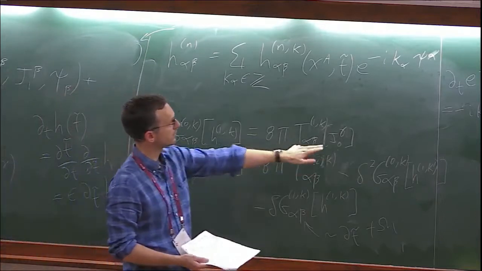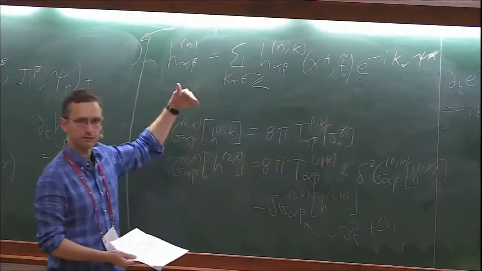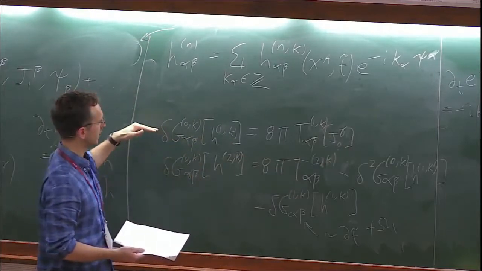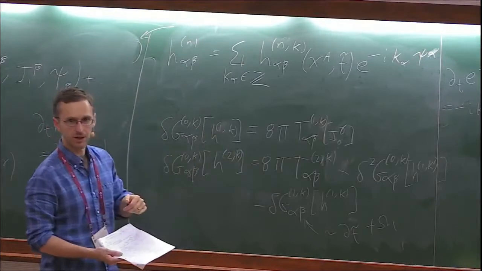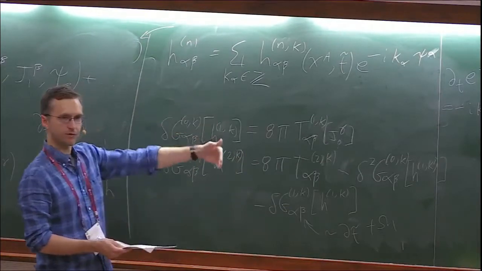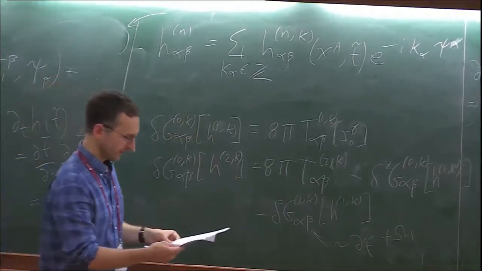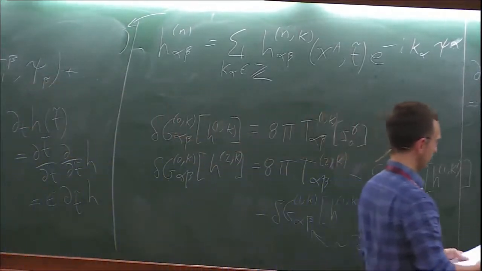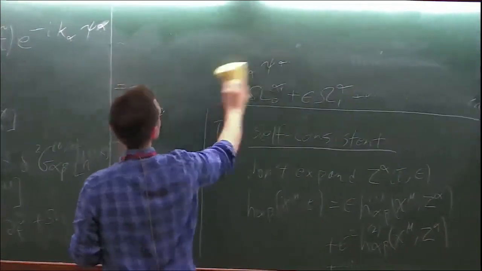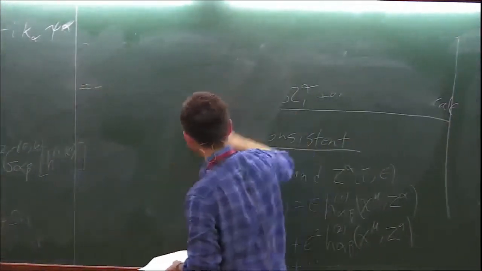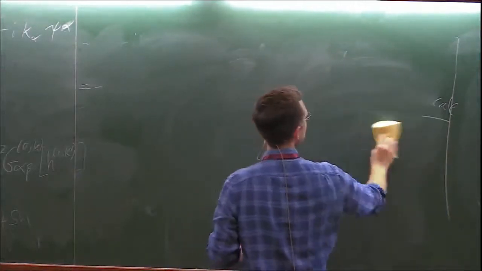It's just that now everything is a function of slow time that we evolve with slow time. But the idea is to solve this at a fixed value of slow time, to get the amplitudes of that slow time, and then evolve forward to another slow time, get the amplitudes of that slow time, and so forth. How do you evolve from one slow time to the next?